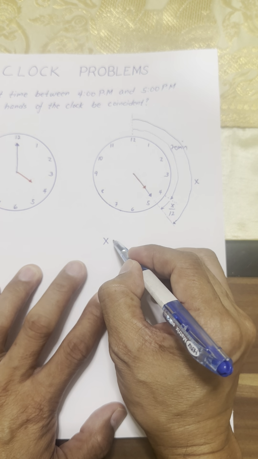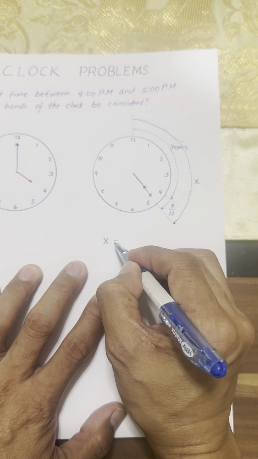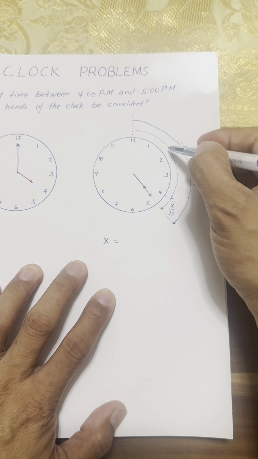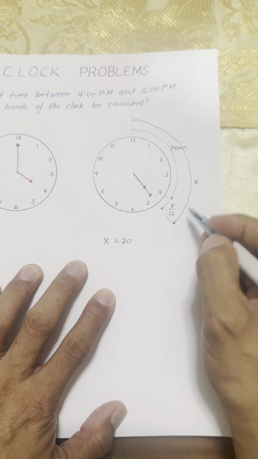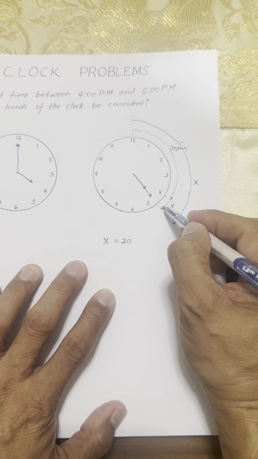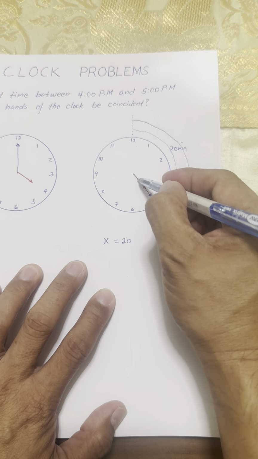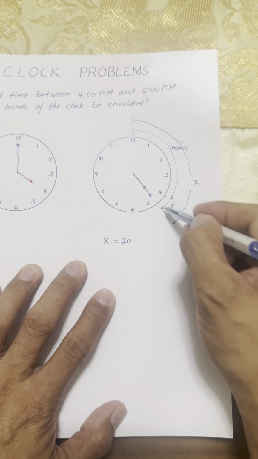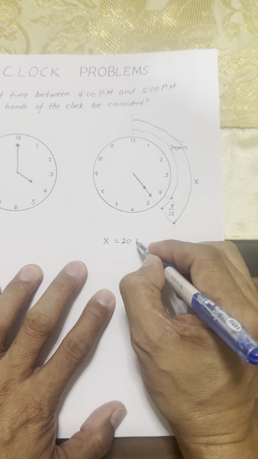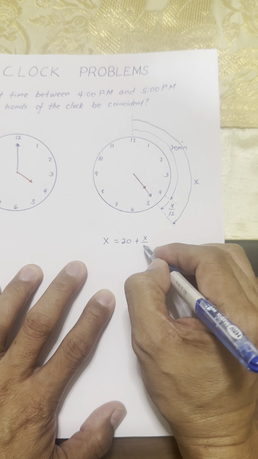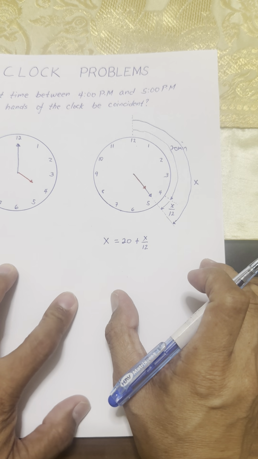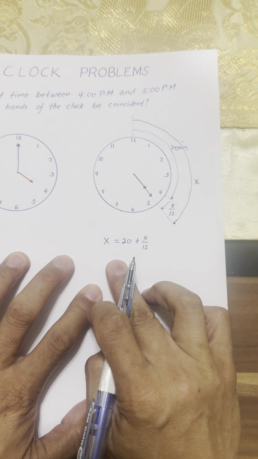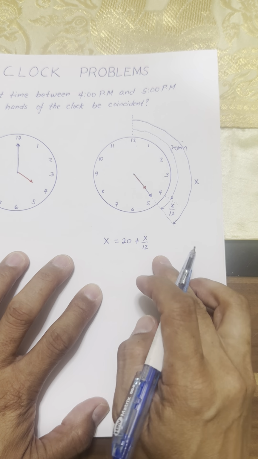So x is equal to 20 minutes plus the distance from 4 up to the position where the hands are coincident, which is x over 12. From this equation, we can now solve for x, the number of minutes.